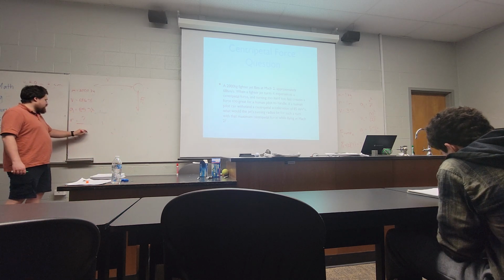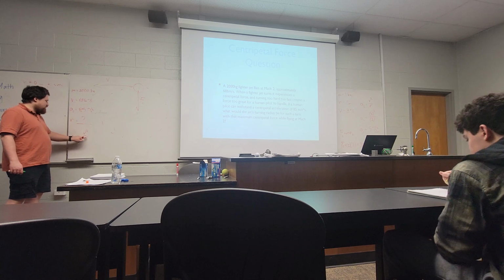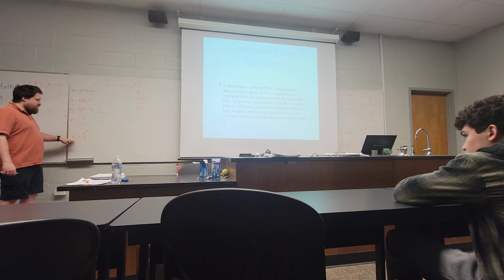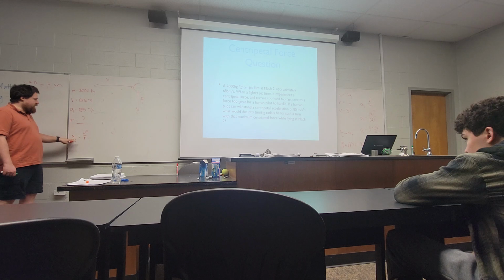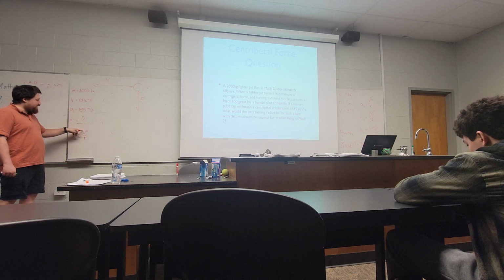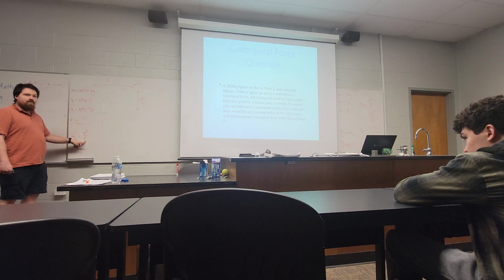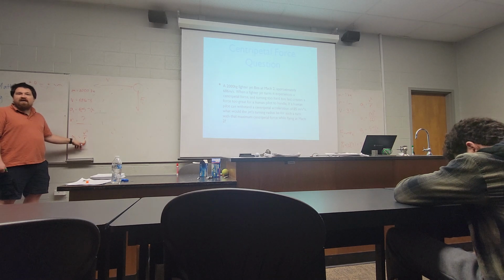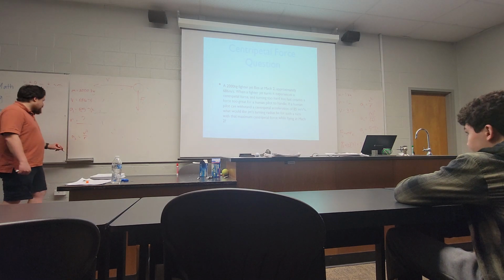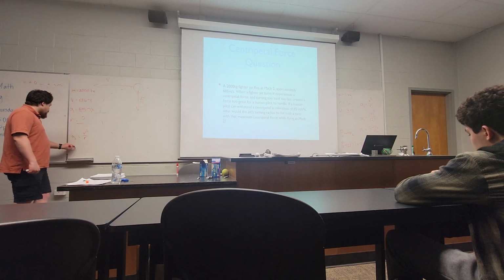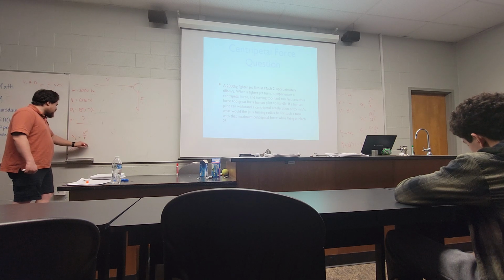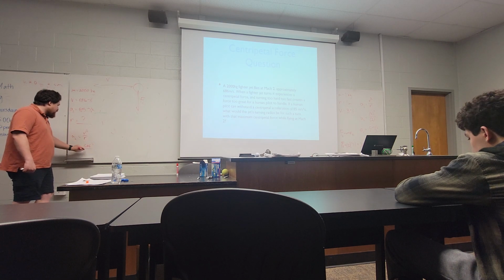Centripetal acceleration is v squared over r. We know the maximum centripetal acceleration we can handle, and we know the speed we're moving at, so we can figure out what our turning radius would be in this scenario. So 85 is going to be equal to 686 squared over r.